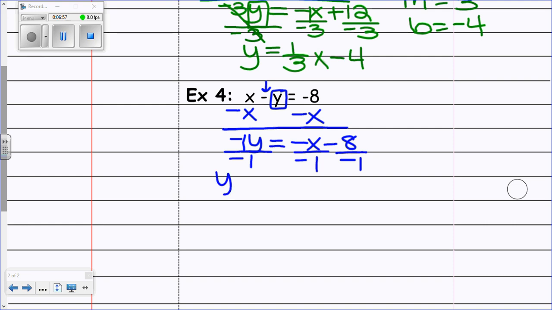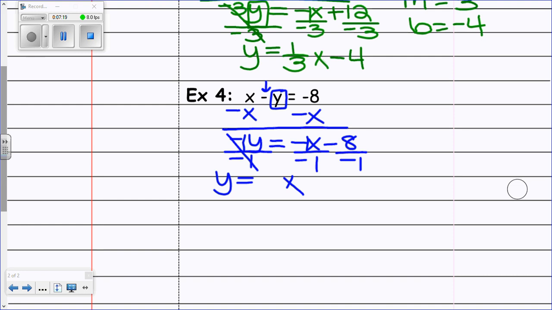So now we're left with y is equal to, the negative 1's cancel, and then we have negative x over negative 1. So remember, that's a 1, so a negative 1 over a negative 1 is a positive 1x. But you don't have to write the 1, you just need the x.